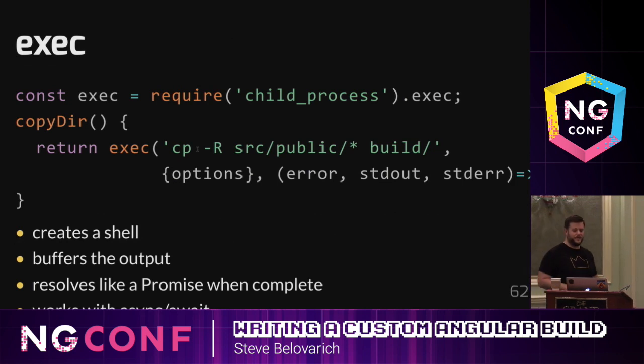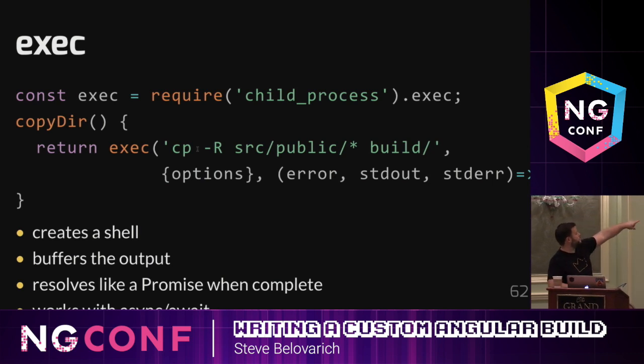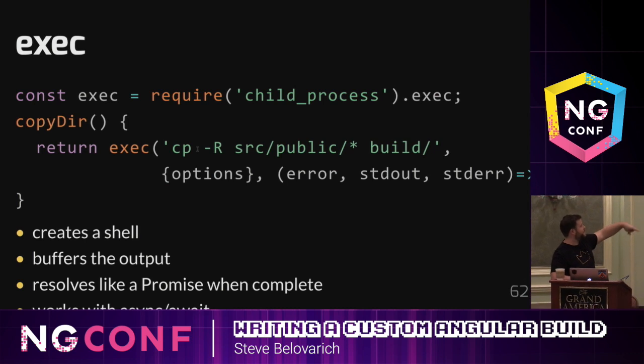In Node, instead of typing this command into the terminal manually, we're going to have Node execute the command. We're going to require the child process module and the exec method that is available in this module.